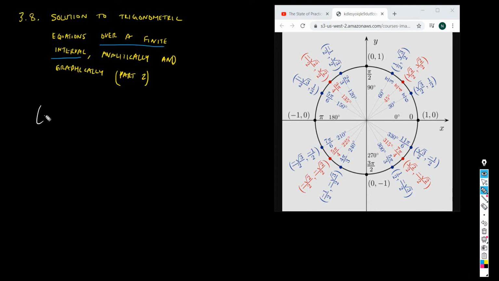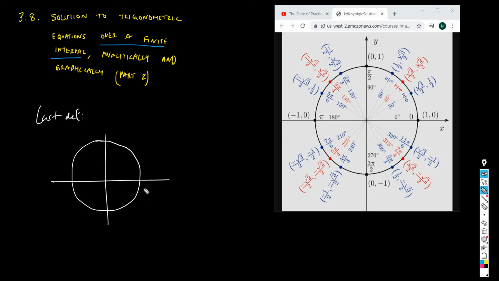And remember that the last definition that I gave you for the trigonometric functions of an angle was in the unit circle, right? The unit circle is a circle that happens to have a radius of 1. So from here to here, there is 1 unit.